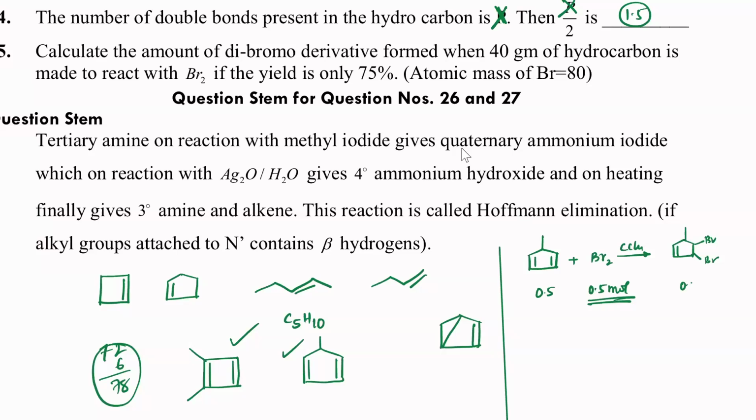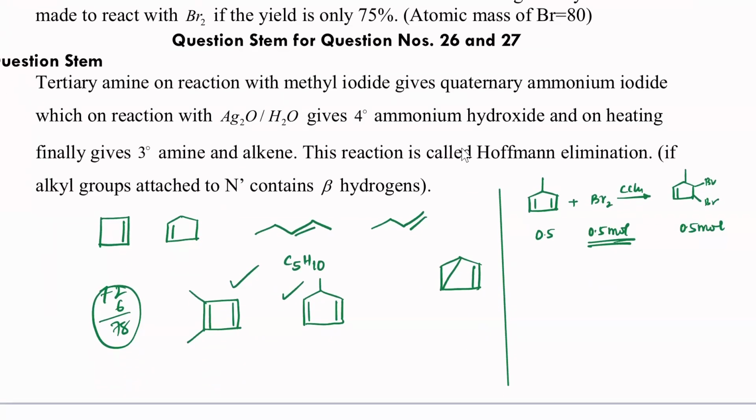So that also makes this 0.5 moles of the product formed. So what will be the product value here? So molar mass of this is 80, and 80 plus 80 plus 80, so 3 times 80 is 240. So 240 is the total molar mass of this molecule. So half of it is the weight of product. So half of product is 0.5 into 240, 120.